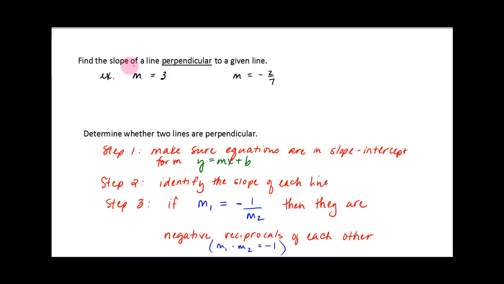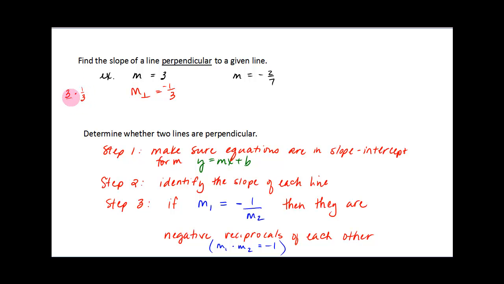I want to find the slope of a line perpendicular to this slope. Okay, so if m is equal to 3, then the perpendicular slope would be -1/3. The negative reciprocal: remember that if I have the number 3, its reciprocal is 1/3.